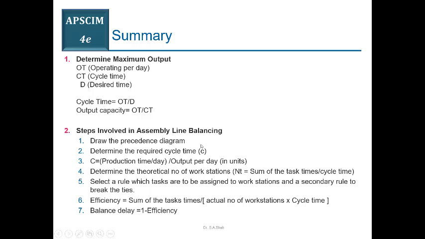The steps that are involved in solving the assembly line balancing algorithm were these: you have to draw the precedence diagram, फिर आपने cycle time determine करना होगा, आपने capacity find करनी होगी, आपने number of workstations find करनी होगी.